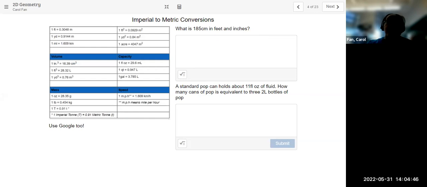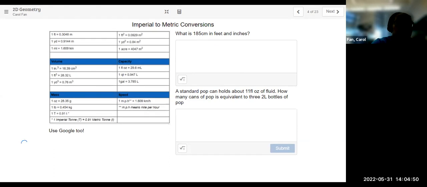Great, let's first do this. We're going to go from centimeters to feet. The conversion we have here is 1 foot is equal to 0.3048 meters.